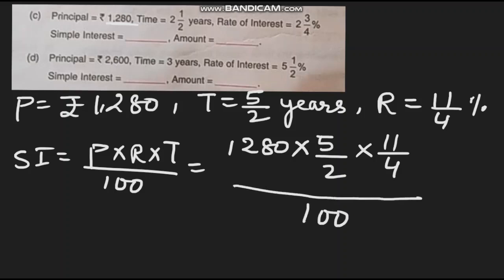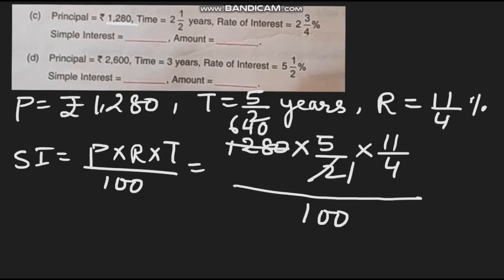Now see how you can do the calculations. Simply you can first of all cancel this 2 with 1280. You will get 2 6s are 12, 2 4s are 8 and 2 zeros are 0. So here in the numerator you have 640 into 5 into 11 by 4 divided by 100.